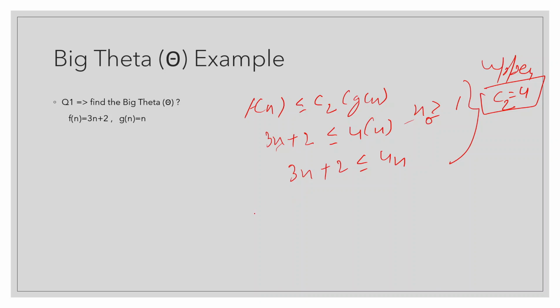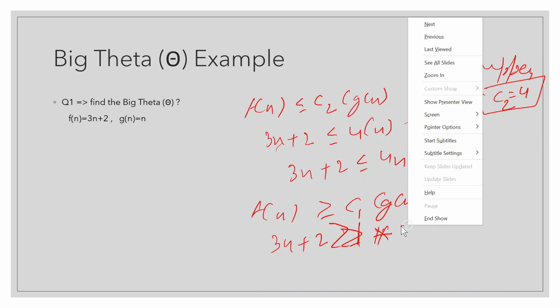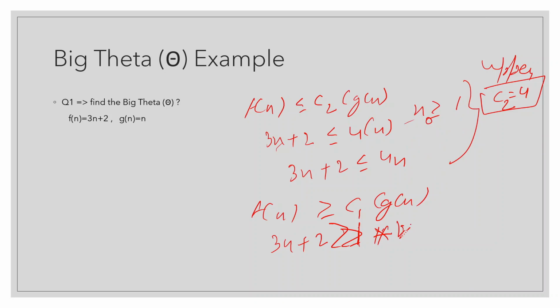Next, f(n) is equal to c1 g(n), then 3n plus 2 is greater than n.